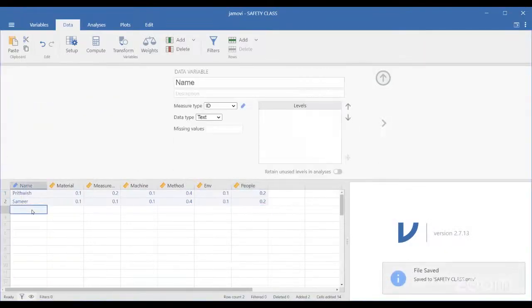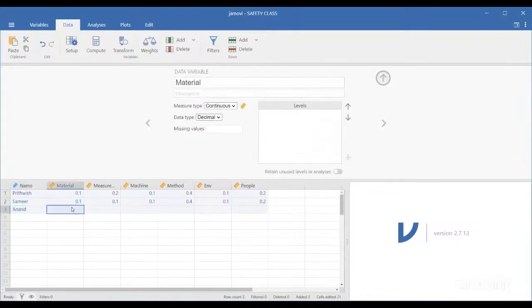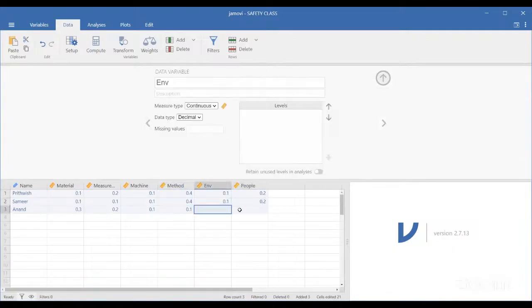Next, Anand. Yeah, sir. Material is 0.3. It is 0.2, 0.1, 0.2, 0.1, 0.2.